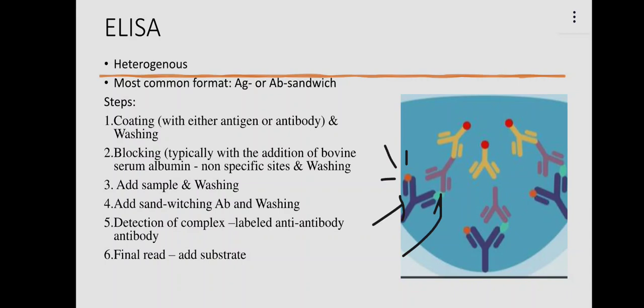So addition of the analyte is followed by addition of the specific antibody, which binds to a different epitope of the analyte. So there are some molecules which can be recognized on two different sites by different antibodies.